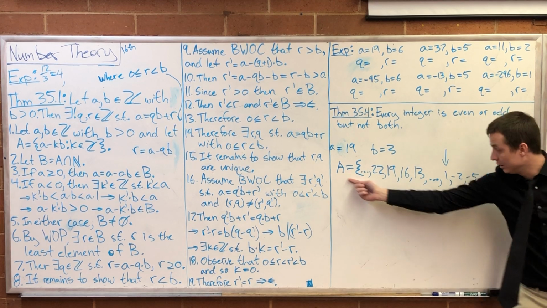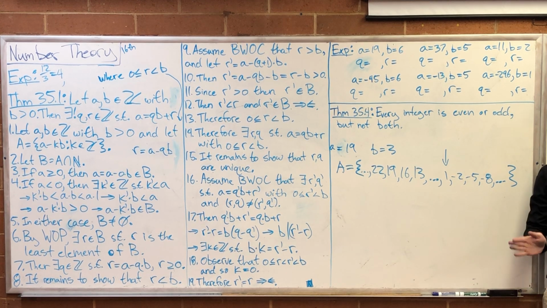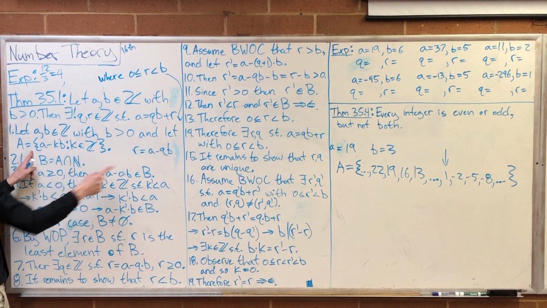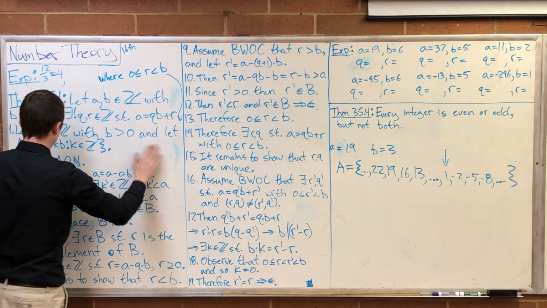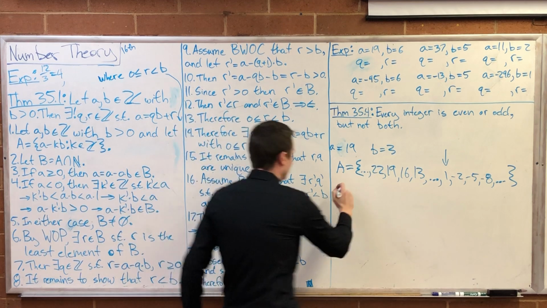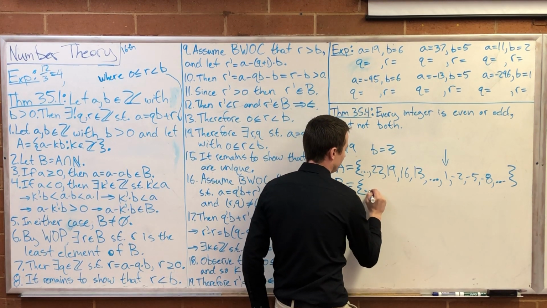So I'm going to get rid of the negative numbers, prove that A is not empty, and then take its least element, which will be 1. You with me? Okay. So first thing I do, here's A. It's a set like that. Now I let B be A intersect the natural numbers. So B is the same exact set, but now we got rid of all our negatives.